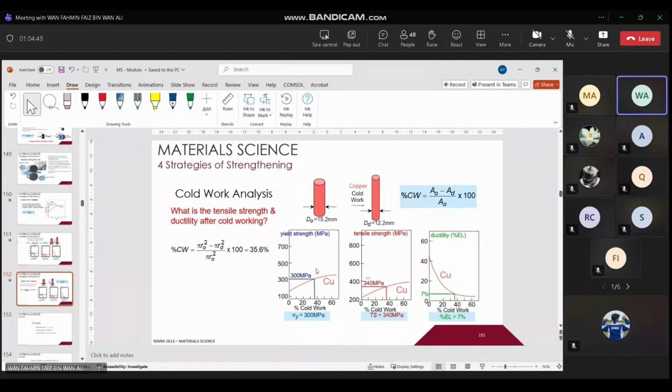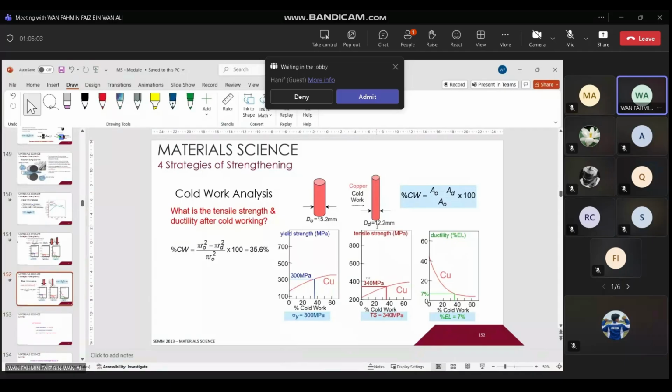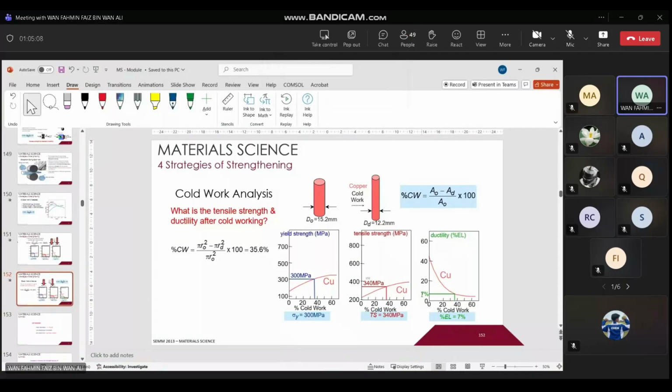Then you know the yield strength is about 3300 MPa for the copper. Then you can do the same thing for the tensile strength again, with the same percentage of cold work, 35.6. Then you can get 340 for the tensile strength. Okay, and the ductility, of course, has been reduced. Right, it's been reduced to 7%.